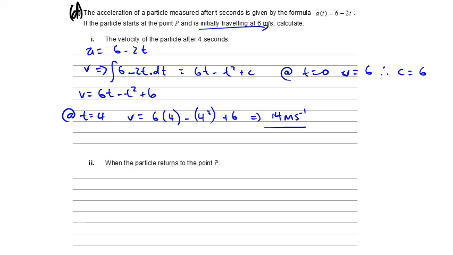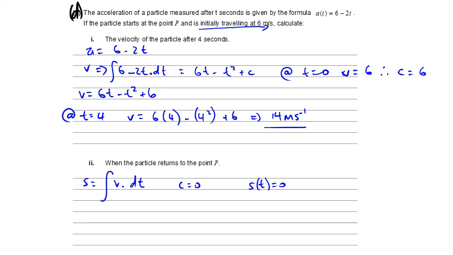And when the particle returns to point P, what you're trying to do there is find your distance formula, which is given to you by integrating the velocity with respect to time. Once you've done that, you solve for c to be 0. And then you're trying to solve for when s of t equals 0.